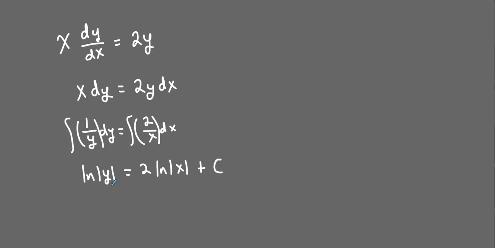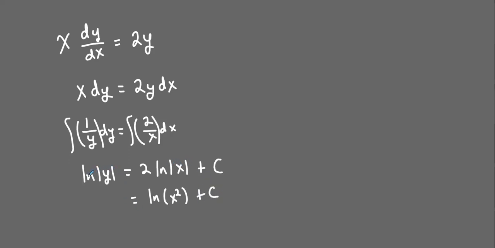So now we want to solve this for y. Let's just do a little simplification here. If I use my power rule for logarithms, I can say this is natural log of x squared, and x squared is never negative, so I can drop the absolute value there.